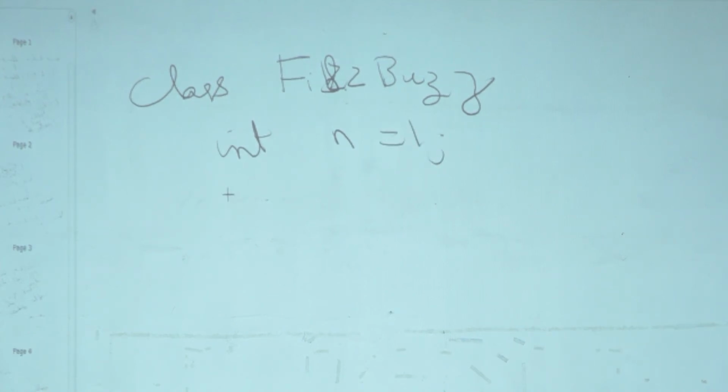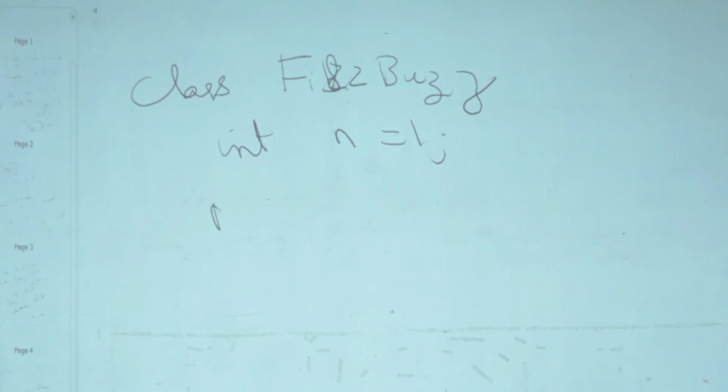Now the methods are print fizz. Okay. What should fizz do? Divisible by 3, no? And not by 5.